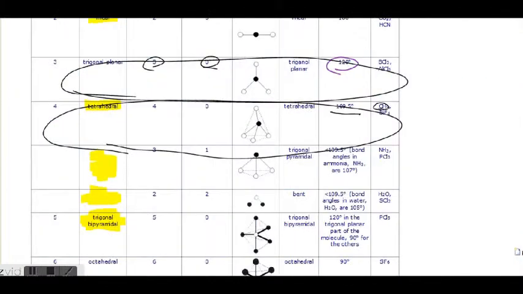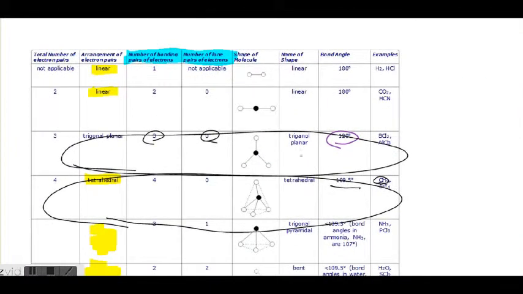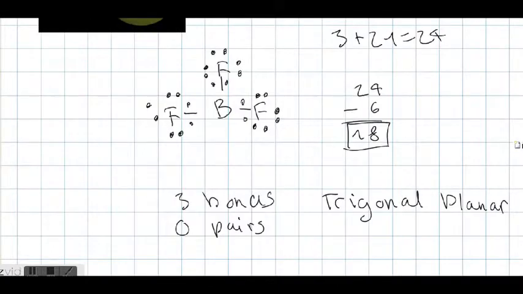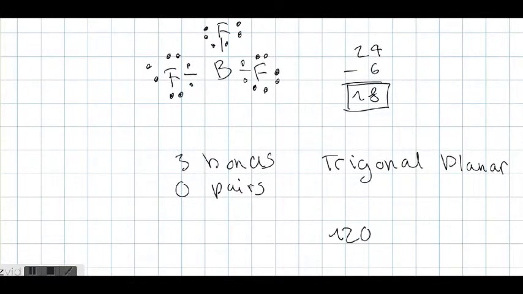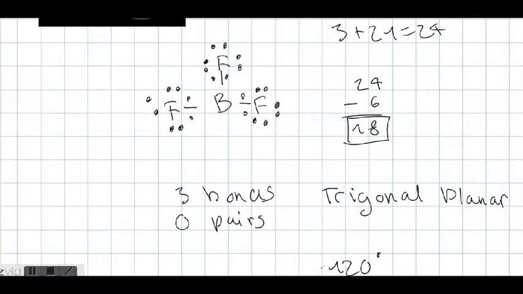Now we can go double check on this page, right up here. 3 bonding pairs and 0 lone pairs, and it's 120 degrees. So I put that down right here. Now this tells us how far apart all of these atoms are, always exactly 120 degrees.